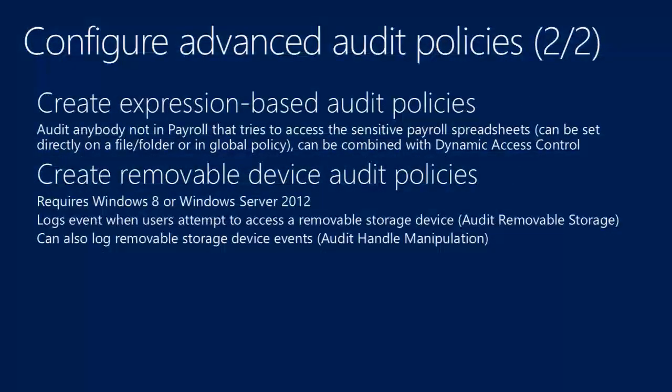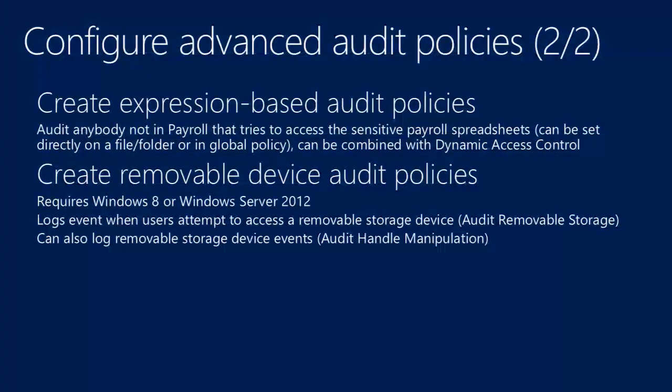Second slide on this, expression-based audit policies. So this is like, hey, I want to audit anybody in payroll that tries to access something that they don't have access to, and this is just a made-up example. But expression-based is you pick who or what attribute or what the scenario is or where the file is and what are they trying to do, and based on that expression, you'll get a log entry in your log, and then you can act on that.